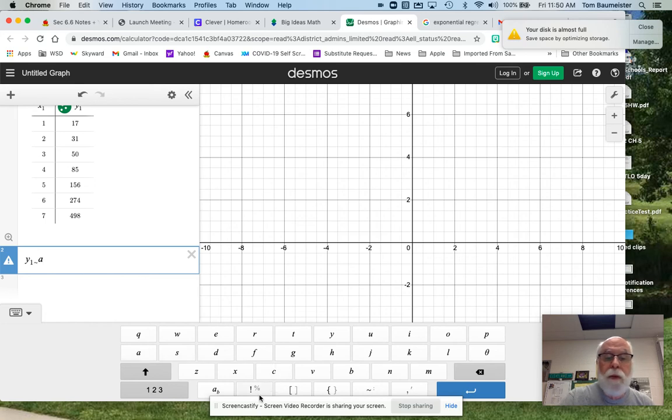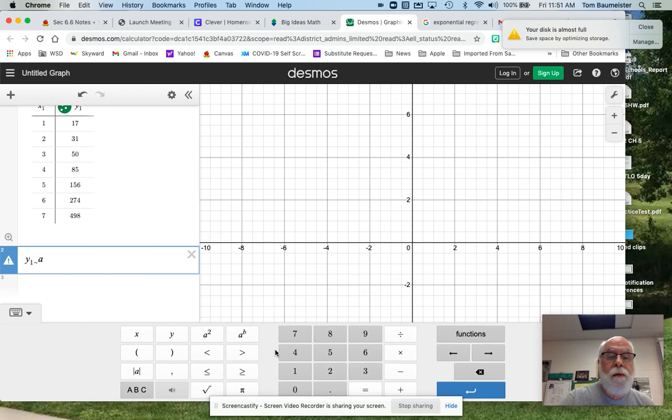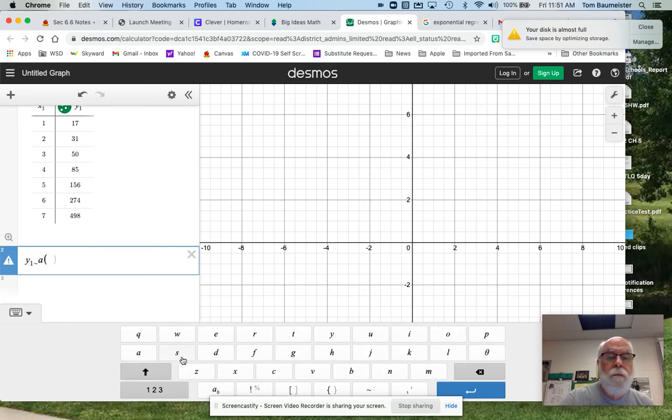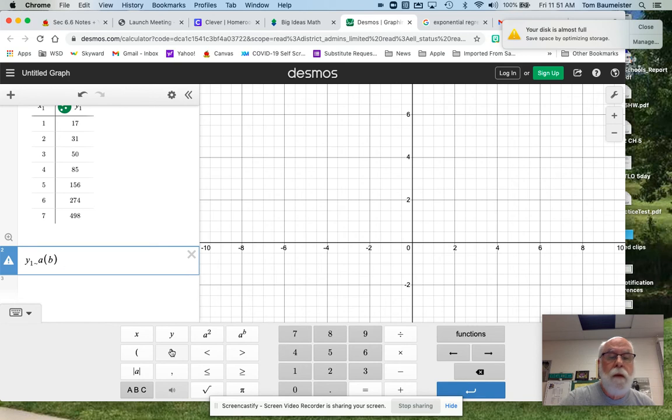And then again, I'm going to put the b in parentheses. And now I'm going to put it to an exponent, and it is going to be to the x.